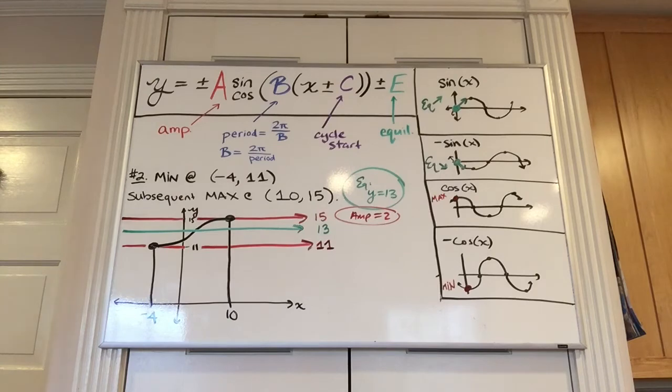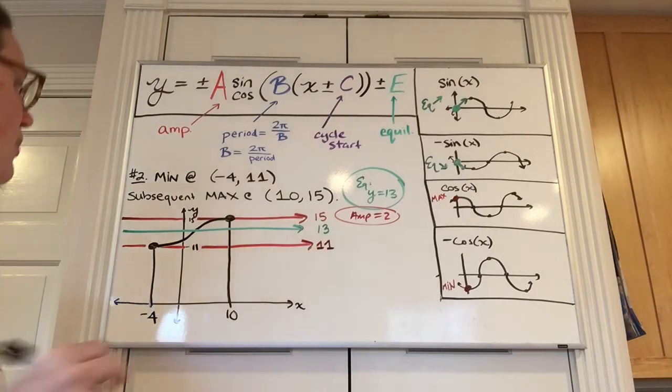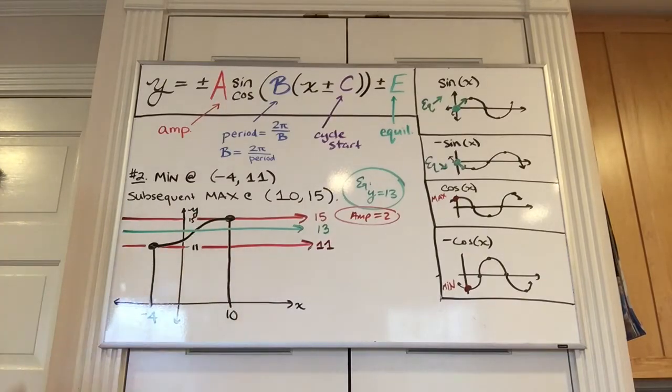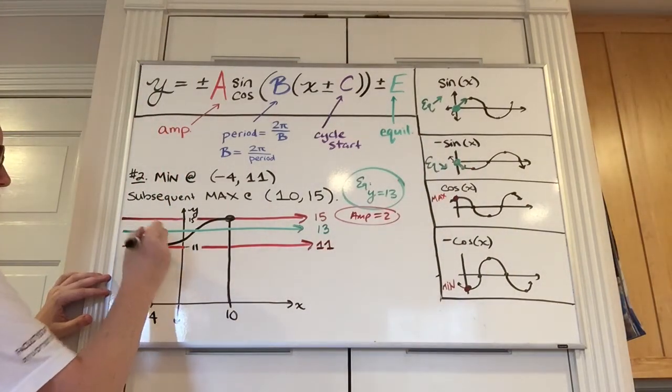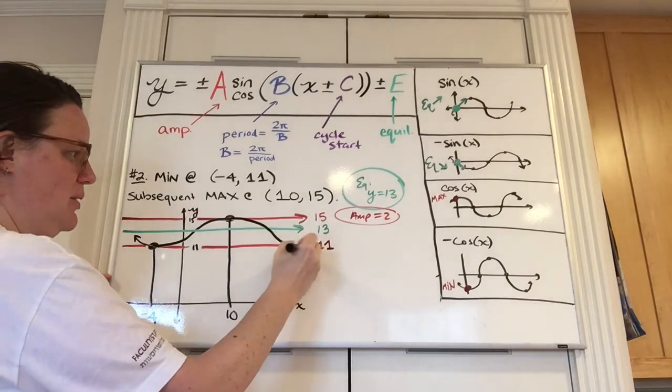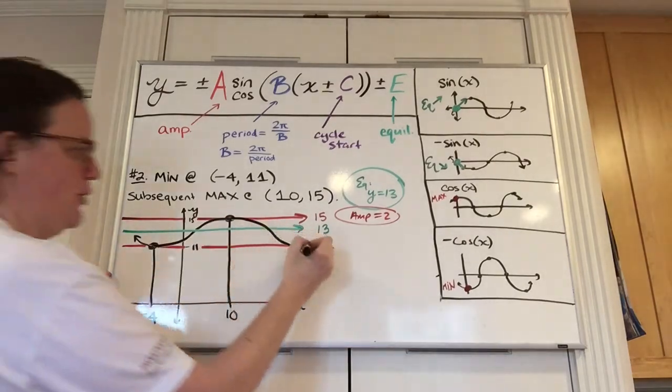In terms of the period for this graph, remember, the distance between a minimum and a maximum is always half the period. Because if you want to have a full negative cosine cycle in this case, I need to get from minimum up to maximum, and then I've got to get back down to minimum. I've got to finish out a full cycle.